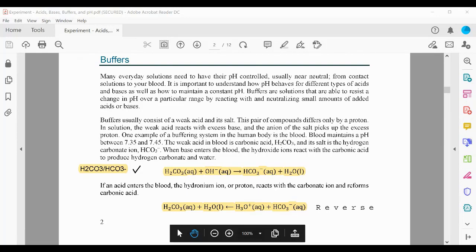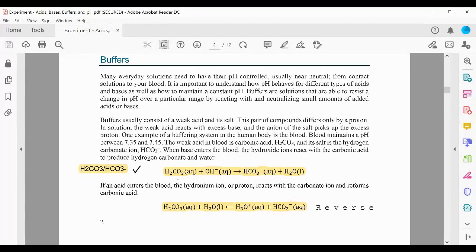Yes, 7. Awesome. Correct. Thank you. So it changes from 7 to 12.5 points. So that is what buffers do. Basically they resist the change in pH.